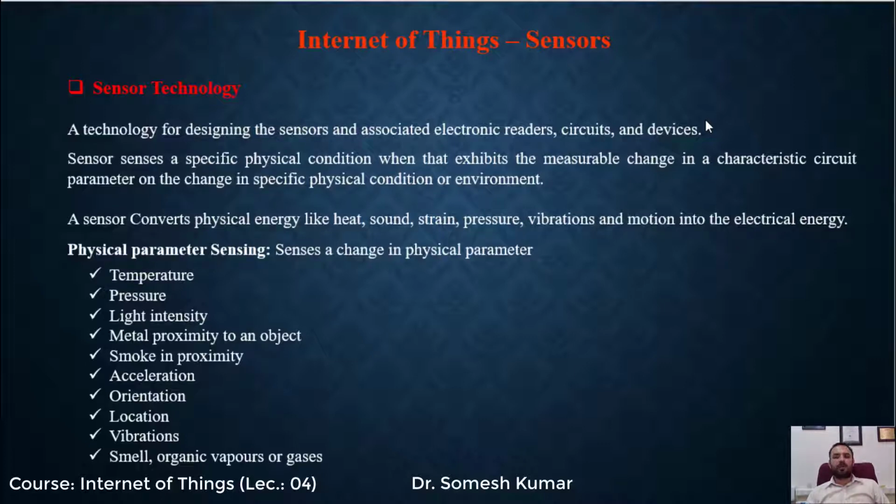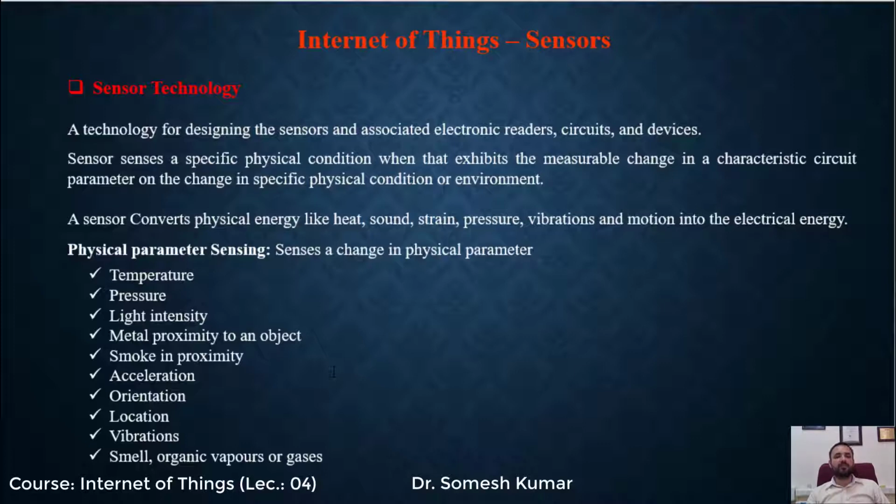and this electrical energy is measured by our microcontroller circuit. Fine. So what are the various physical parameters that a sensor can sense? For example, a sensor can sense temperature, pressure, light intensity, metal proximity to an object, smoke, acceleration, orientation, location, vibration, smell, organic vapors, gases, and so on.